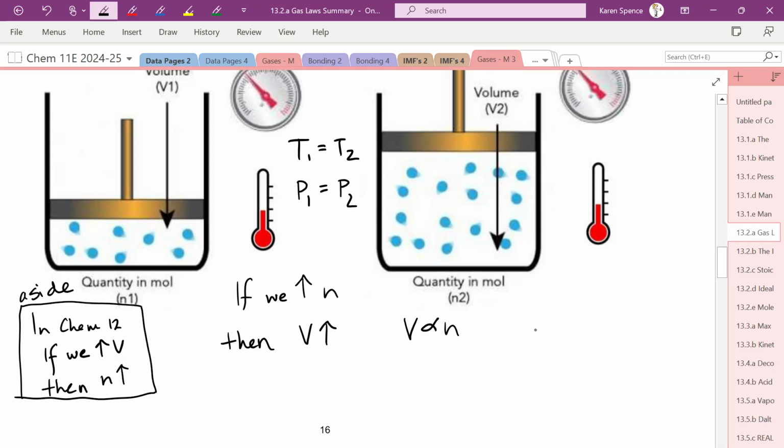Which means that, what would our equation be? Let's put N1 here. Is V1 going to go beside or below? Below. N2, V2.